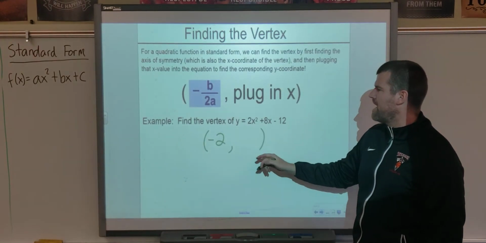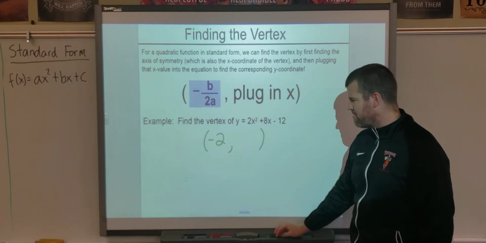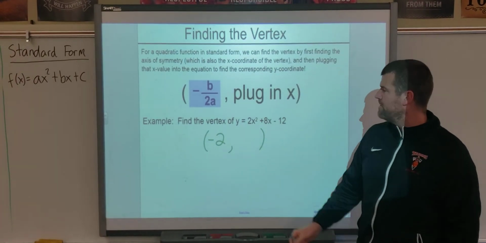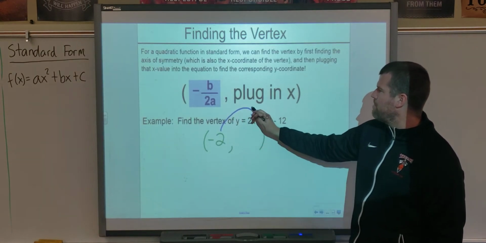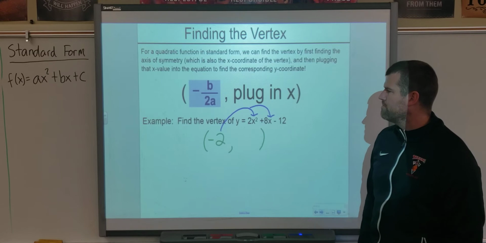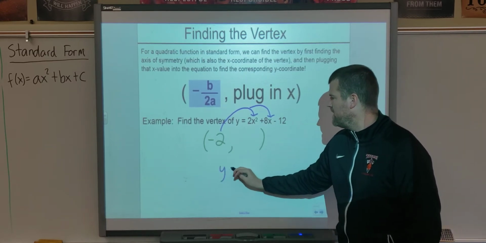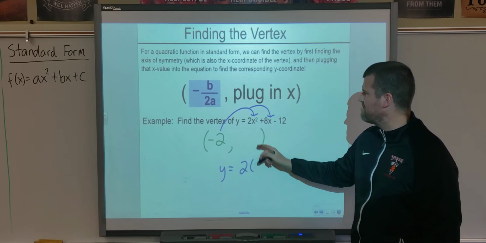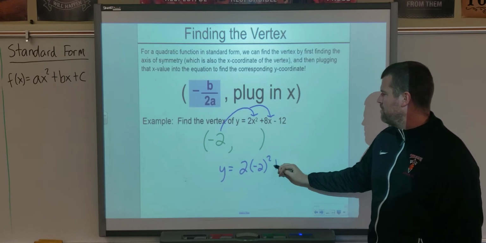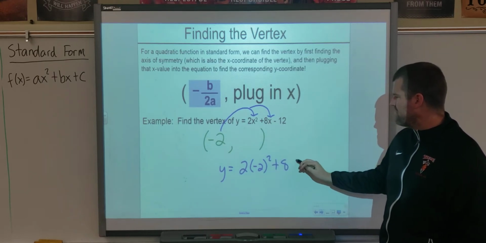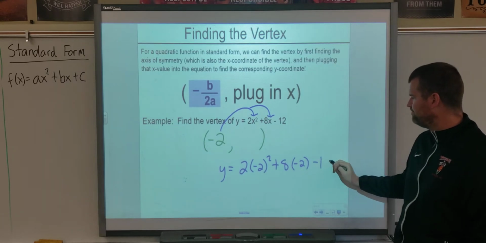Well, now that we know the x-coordinate, how can we find the y-coordinate? That's right, we can use math. I'm going to take this x value and plug it in there, and I'm also going to plug it in there, because my x is negative 2. So I know that y equals 2 times x squared, so that's negative 2 squared, plus 8 times x, so 8 times negative 2, and then minus 12.